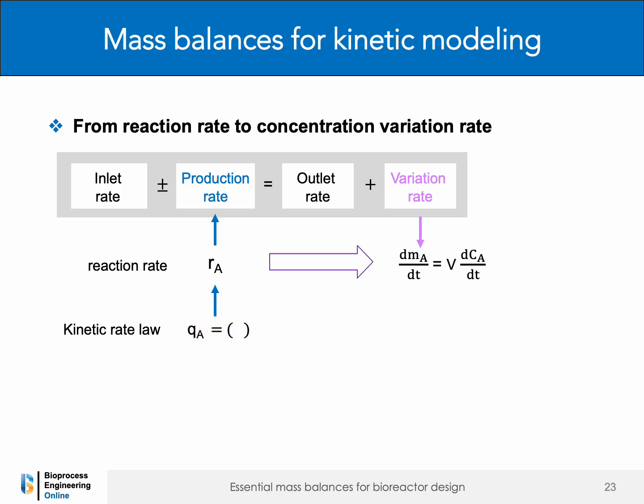The instantaneous mass balance equations are then used to calculate the variation rate term dMA/dt, or VdCA/dt, while accounting for the possible contributions of inlet and outlet rates, depending on the operating mode of the bioreactor. This leads to a set of algebraic or differential equations, describing the behavior of the medium components. The concentration profiles as functions of time are then obtained by solving or integrating these equations.